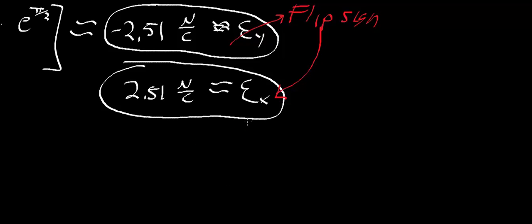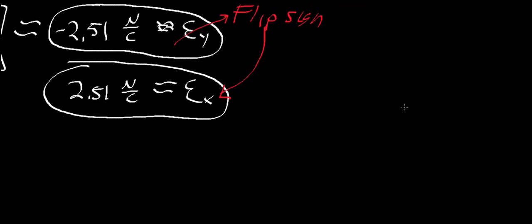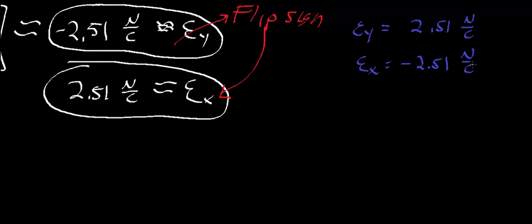So what we'll do now is draw a picture to determine the direction of the electric field. Let's rewrite this as the electric field in the y component. We flip the sign, so it's going to be positive 2.51 newtons per coulomb. In the x direction, it should be negative 2.51 newtons per coulomb.